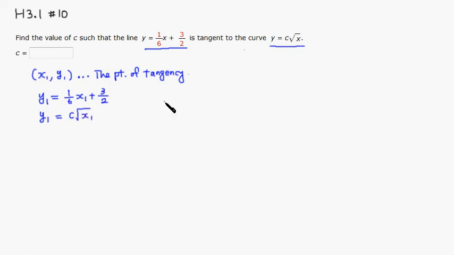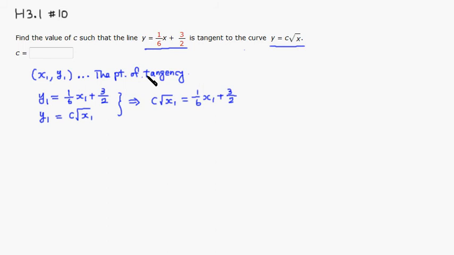By setting these two equal to each other, we get c square root of x1 is equal to 1/6 x1 plus 3/2. So we have one equation, but we still have two unknowns, so we need one more equation.